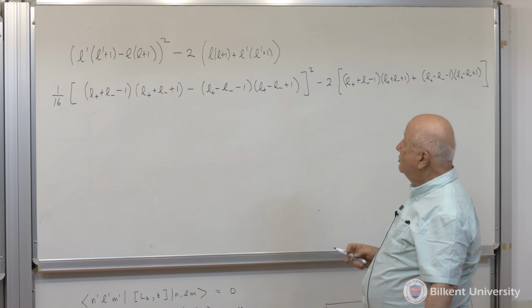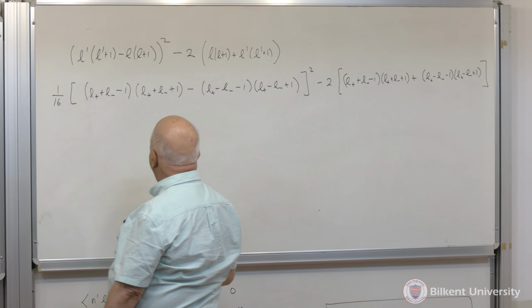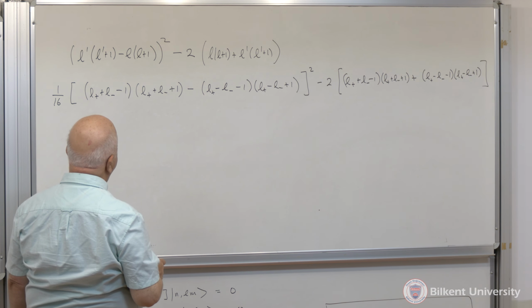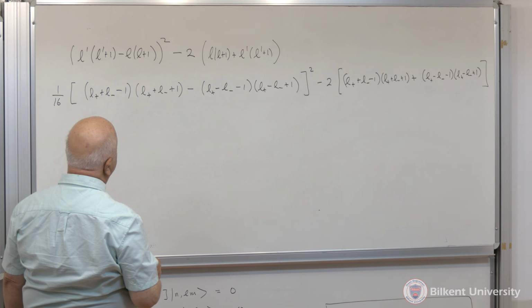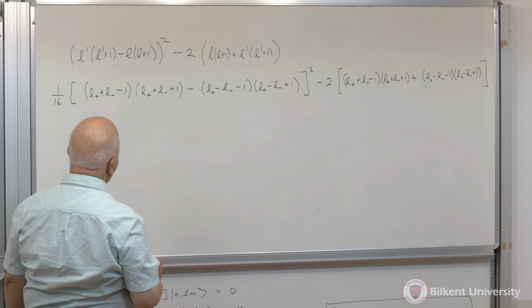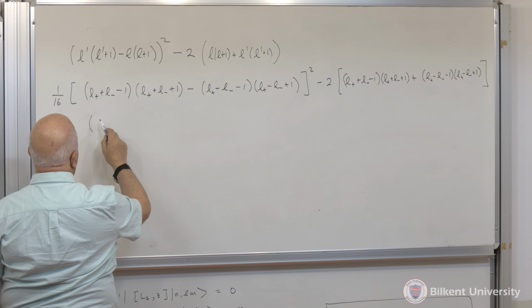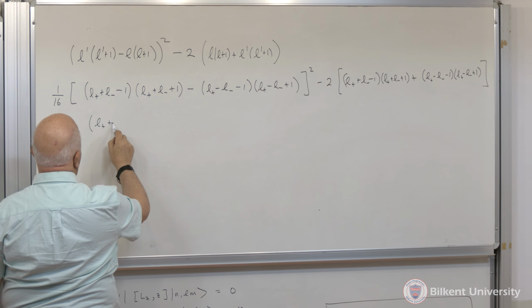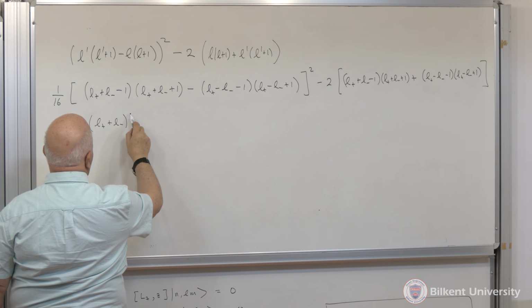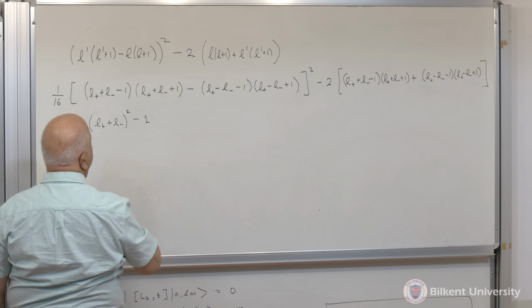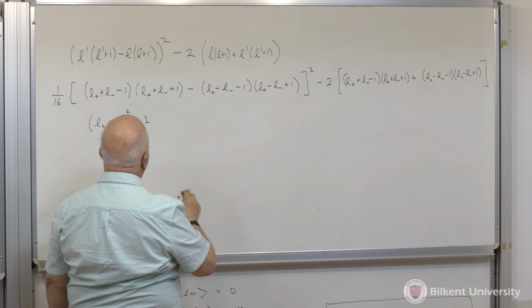Okay, so let's just see what we have here. These two together are going to give me L plus L minus squared minus 1, right?